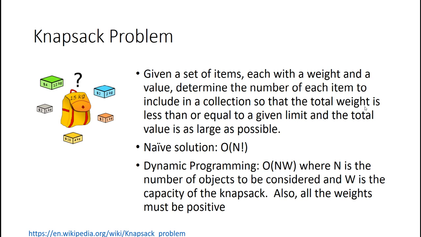A straightforward, naive solution has an n factorial big O, which just takes forever. Then there's a technique that I normally spend most of a week on that we couldn't get to this time, called dynamic programming, which does better. It has a big O of n times W, where n is the number of objects and W is the capacity of the knapsack. It also has the limitation that all the weights have to be positive.